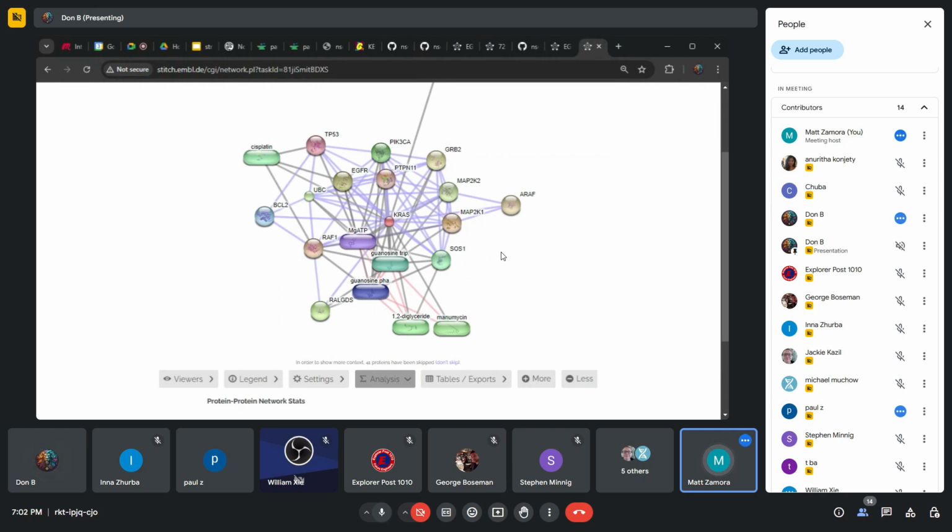The greens were the compounds, and the others were protein interactions. This is STITCH. It shows protein-to-protein interactions, but it also overlays interactions with compounds. For example, this is the KRAS gene that it's focused on.